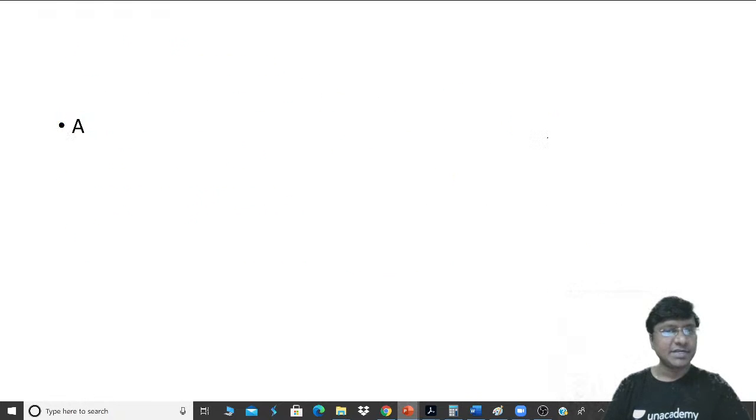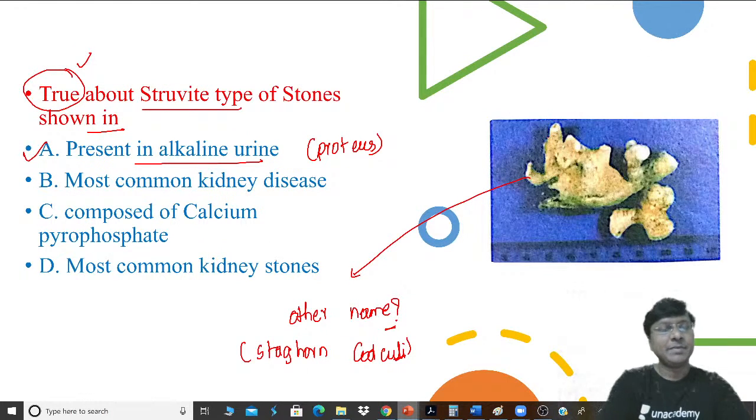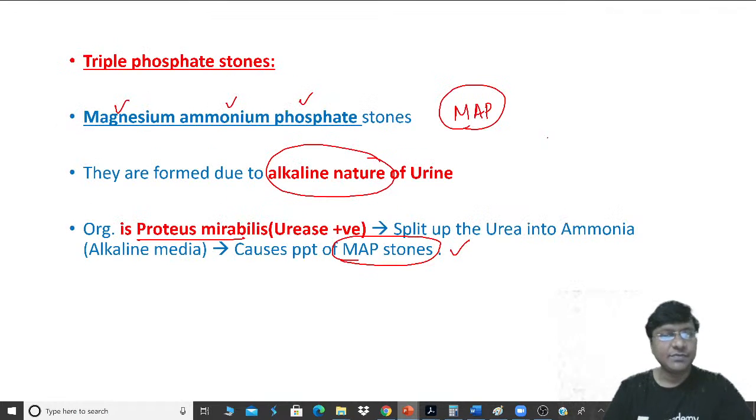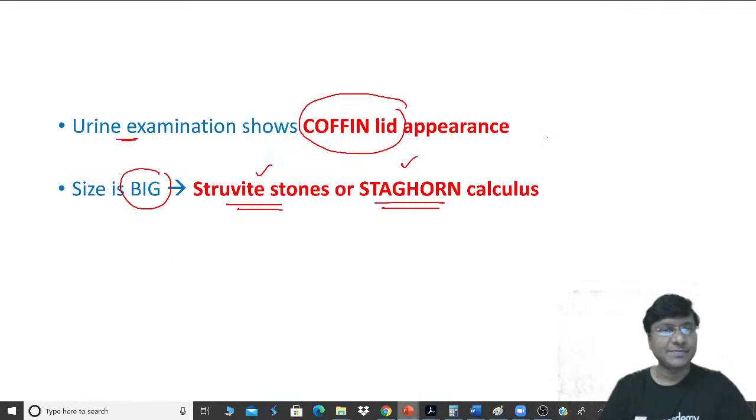So to shortly revise, remember the various names given to this type of stone: they are also called Staghorn calculi, and also called triple phosphate stones. What is it composed of? Magnesium ammonium phosphate. And they are formed in the alkaline urine or alkaline medium. The organism responsible is Proteus, which will cause the precipitation of MAP stones.